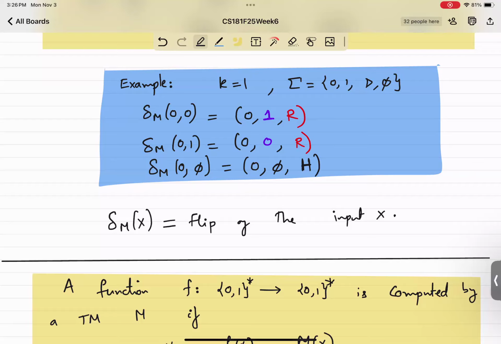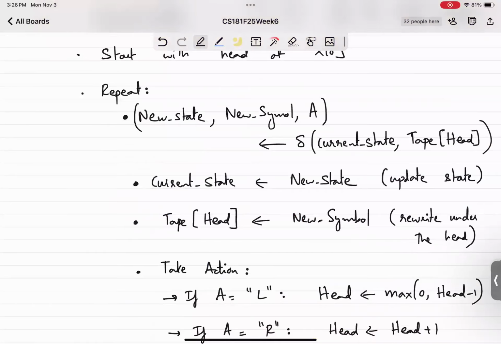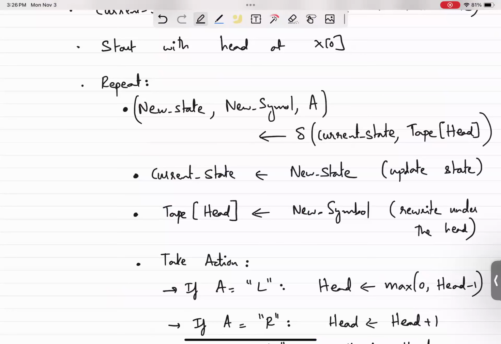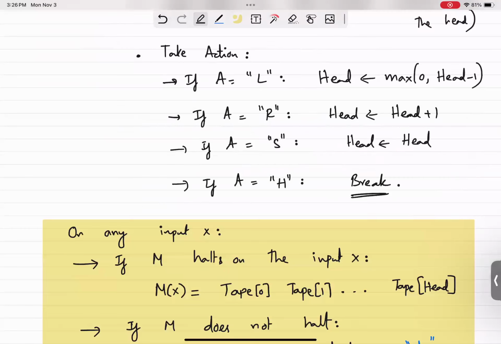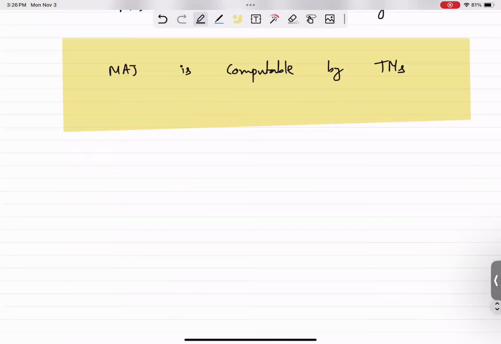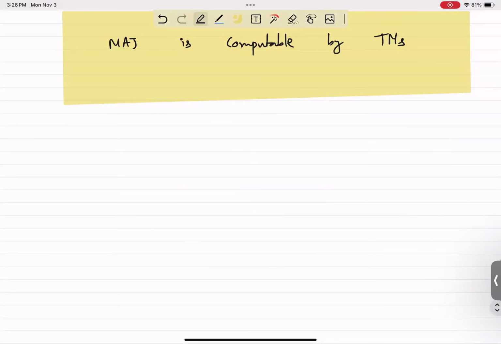But nevertheless, just based on these three aspects, read, update what you see right beneath the head, and move left or right, you can actually compute majority. Any ideas on how you might do it? Any suggestions for how you might compute majority using such a primitive Turing machine?